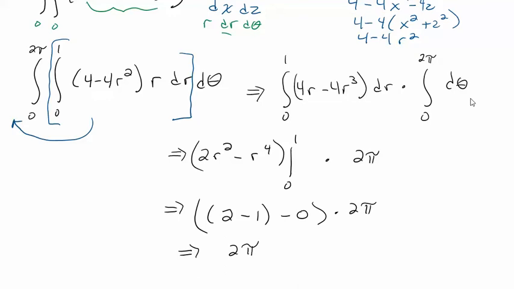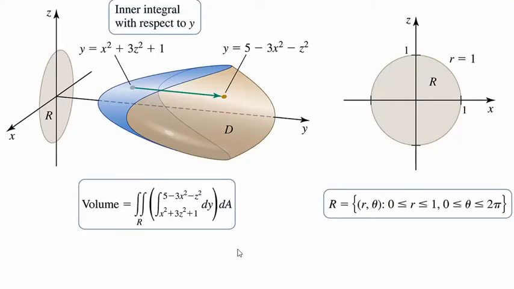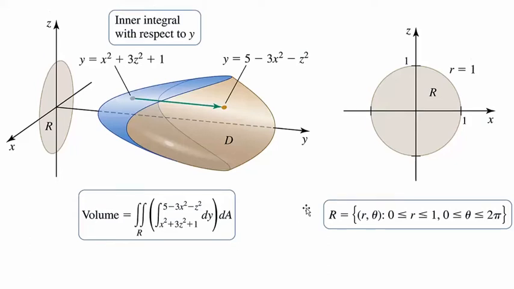And alright, I want to say a couple things here about this. Now, this is actually an example from your book, and the way that they approached this, again, was using a triple integral. We talked a little bit about this in the last video.